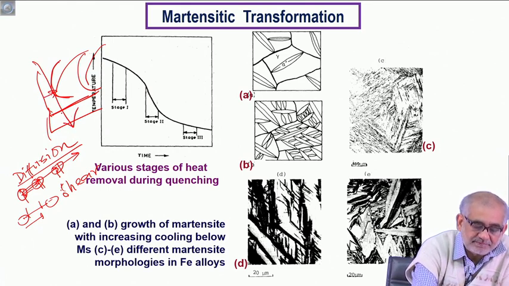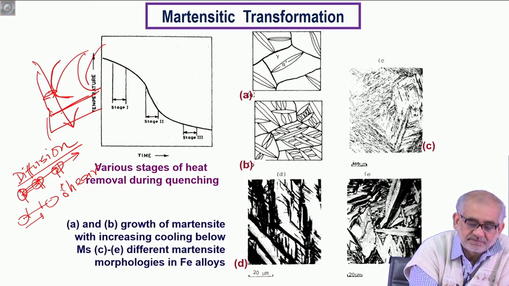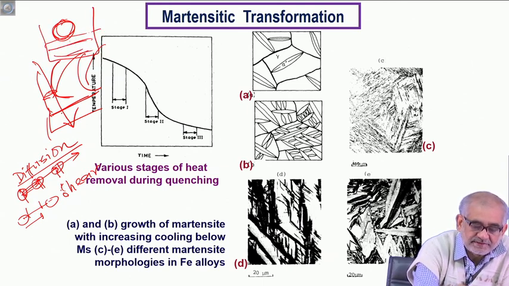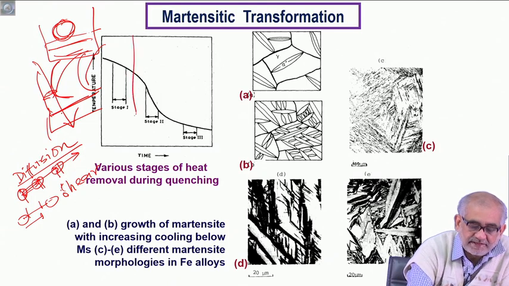And this gap, since it is less than a second for plain carbon steel, we actually need to employ a very drastic quenching. So whenever you quench a hot steel component into some bath containing some fluid so that you can extract heat faster, we would like to avoid this zone.